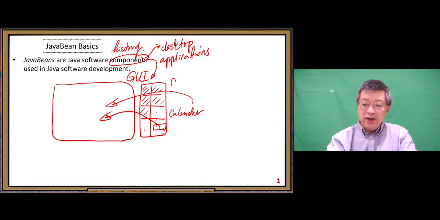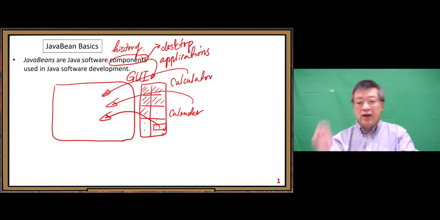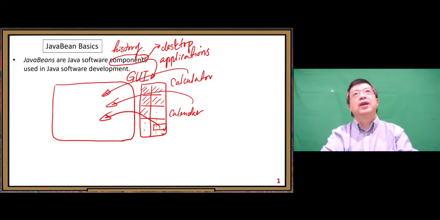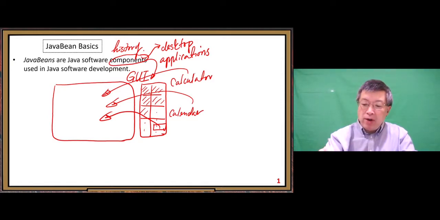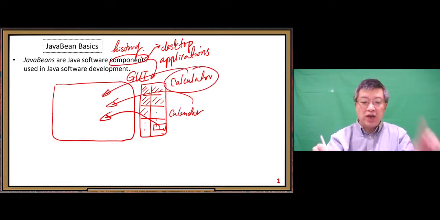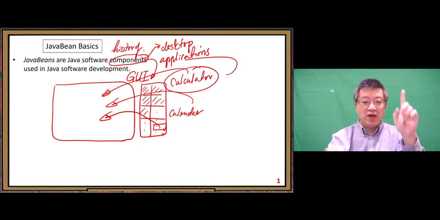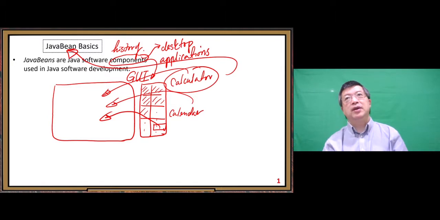Calculator, drag and drop, okay? Things like that. So the Java team developed each component as one JavaBean, okay? So one JavaBean, and many JavaBeans.